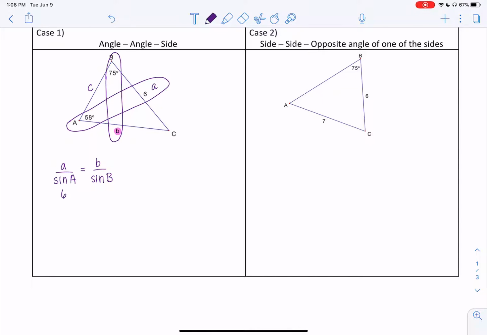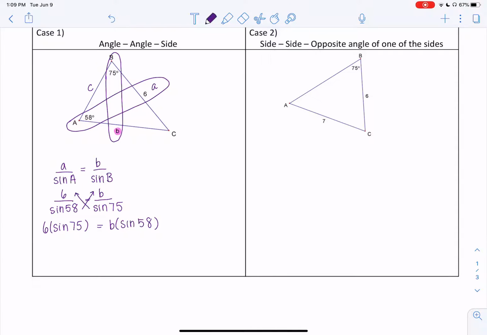Little a is 6, big A is 58, little b is what we're looking for, and capital B is 75. So now I have a fraction equaling a fraction, so I'm just going to cross multiply here. I'll have 6 times sine 75 is equal to b sine 58.